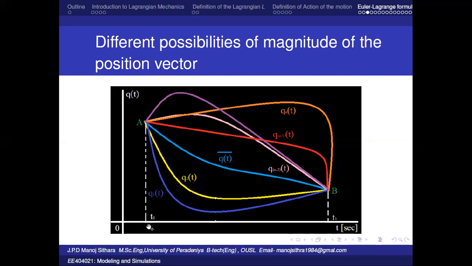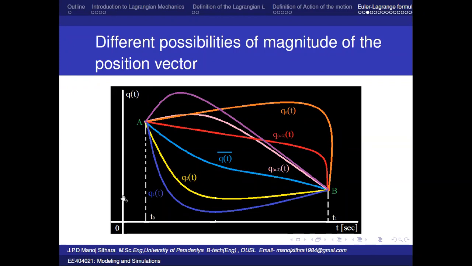Let's consider some time period, t naught to t1, between points A and B. Then the position vector will vary with time, corresponding to curves joining A and B. We can have various kinds of paths joining these two points.